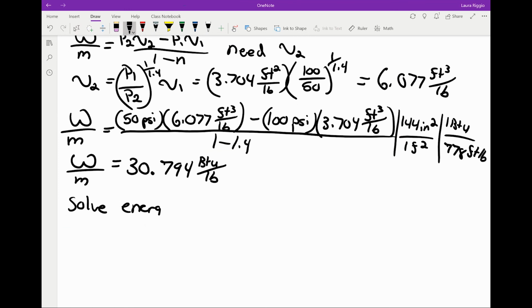So we're going to solve the energy balance for T2.